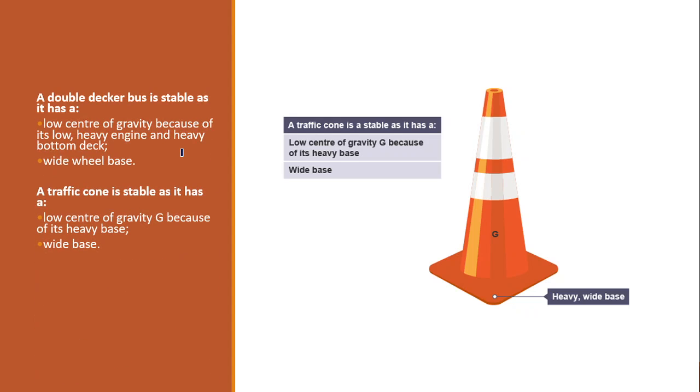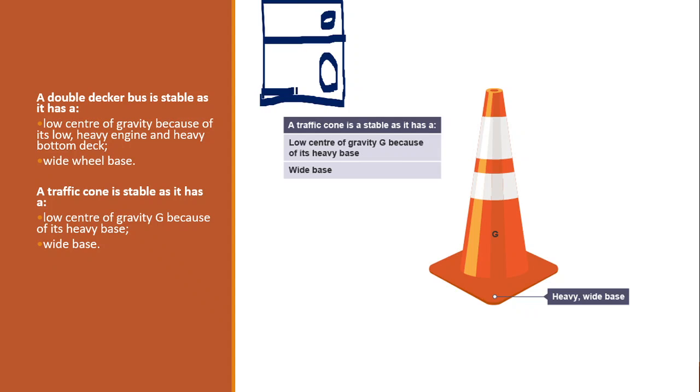A double-decker bus is stable as it has a low center of gravity because of its low heavy engine and a heavy bottom deck. Now, if you think about it, a double-decker bus has two places where people can sit, on the upper side and on the lower side.